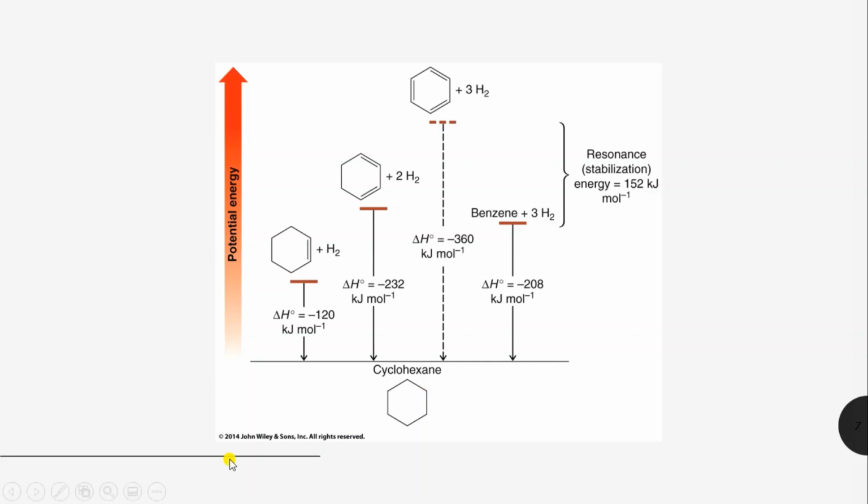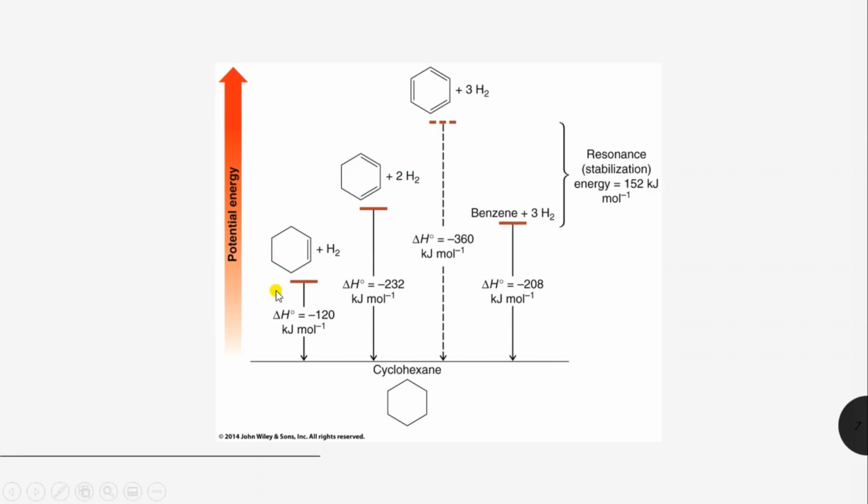You can see the diagram on slide number 6, where it is clearly evident that on the y-axis the potential energy is in increasing order, but on the x-axis these various rings have been given.